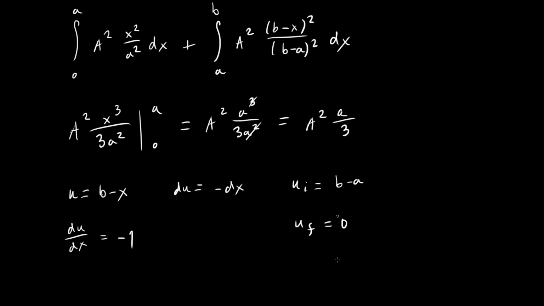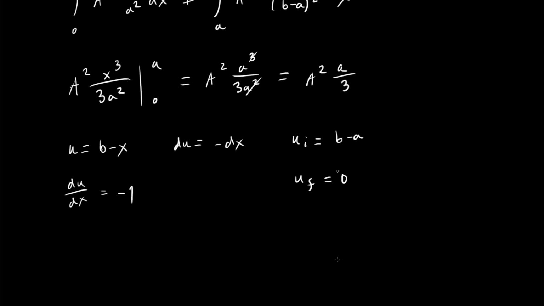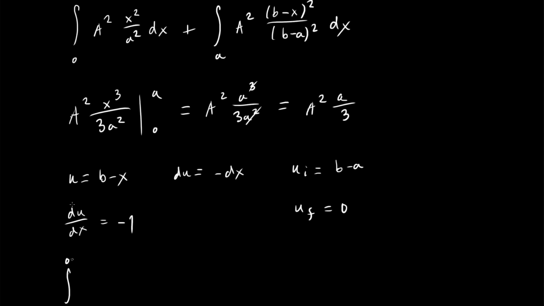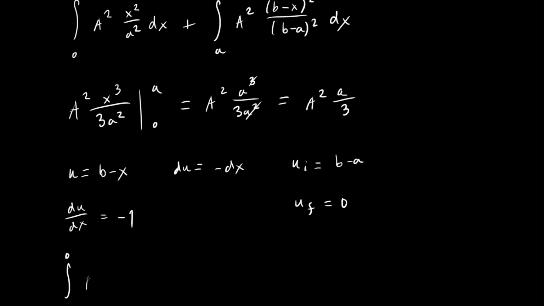Now that we have these values, we just substitute into the integral. The initial will be b minus a, the final will be 0, and then it will be A squared u squared, and there should be a negative in front since this will be du, over b minus a squared du.